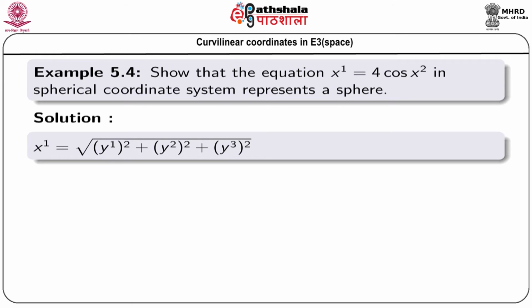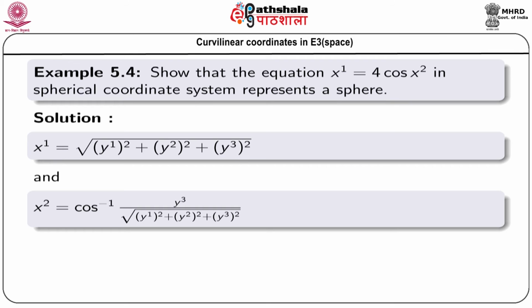Now, from the transformation rule for spherical to Cartesian coordinate system, we have x1 equal to root over y1 square plus y2 square plus y3 square. This is coming from the equations presented just earlier. x2 is equal to cos inverse of y3 by root over y1 square plus y2 square plus y3 square.